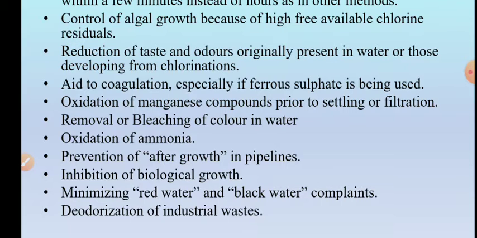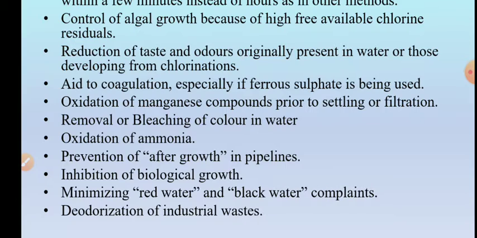It brings about oxidation of manganese compounds prior to settling or filtration. It removes or bleaches color present in water. It brings about oxidation of ammonia. It helps in preventing aftergrowth of algae or bacteria in pipelines, because residual chlorine is present. It will not allow aftergrowth in the pipeline. It inhibits biological growth.